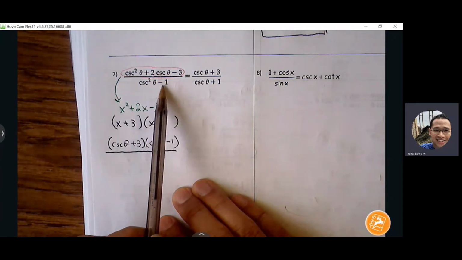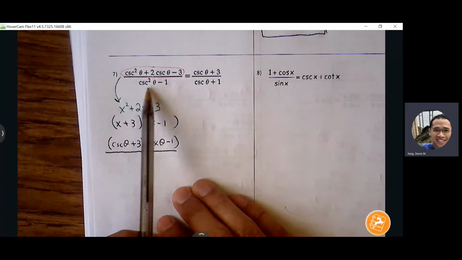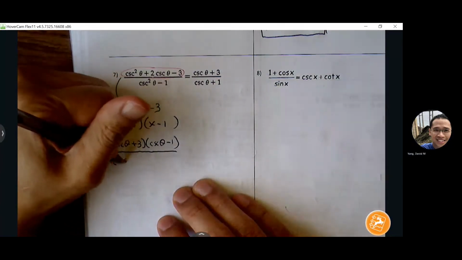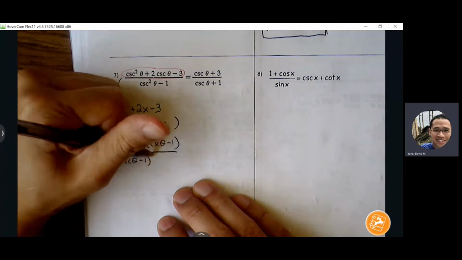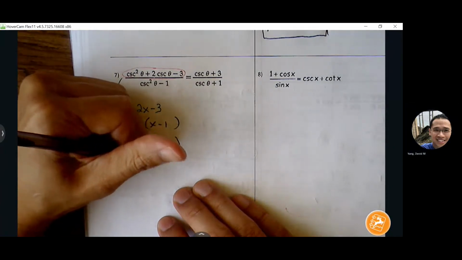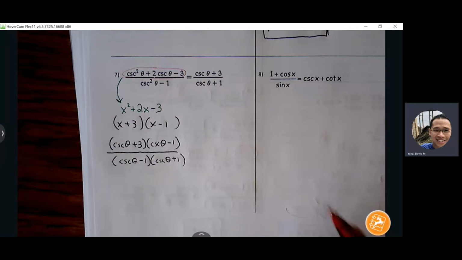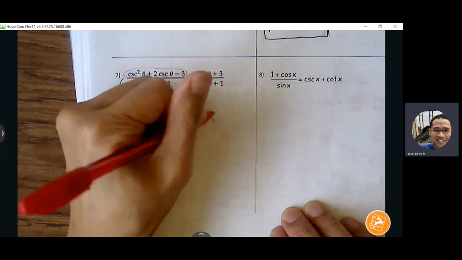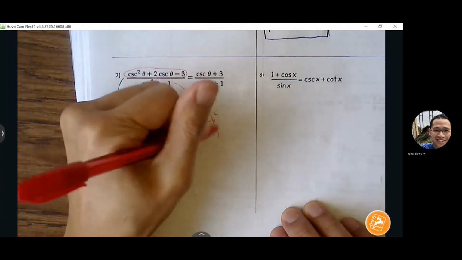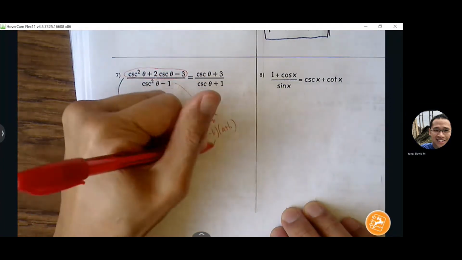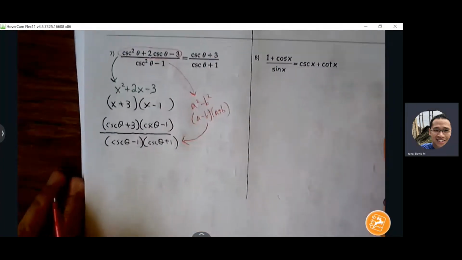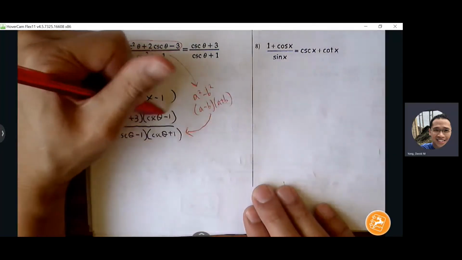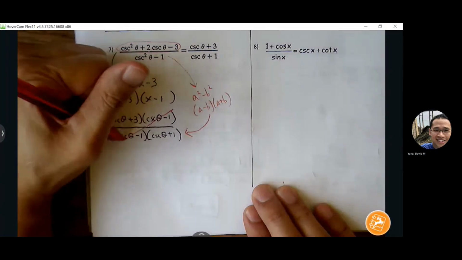A squared minus b squared is a minus b times a plus b. Then you cross out the cosecant minus 1. There we go. Cosecant theta minus 1 goes away, and we have our goal.